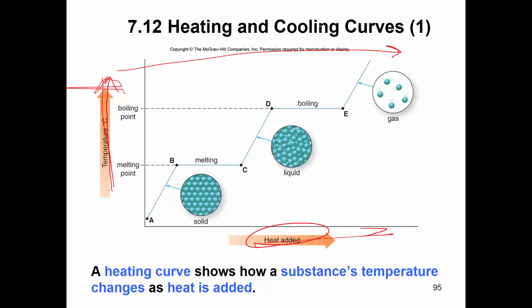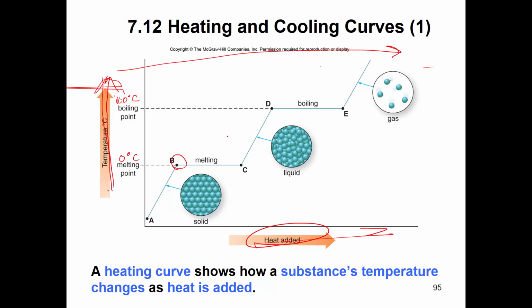Now, what's cool is there is a point up here, and we have already defined these, that there is a melting point of certain things. And if we were looking at water, that would be 0 for water and 100 for water, right? That's the boiling point and the melting point.